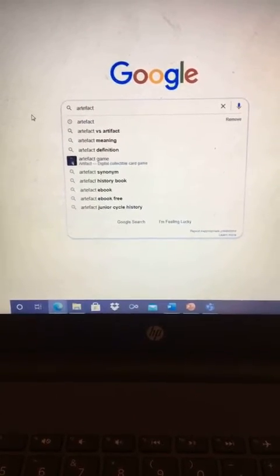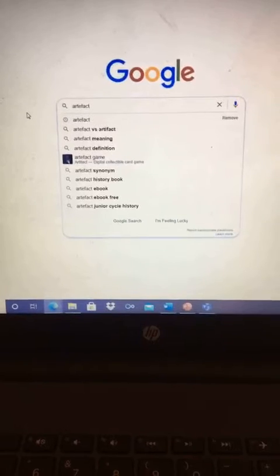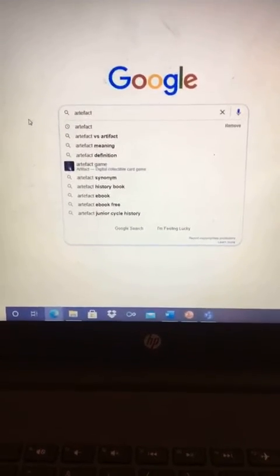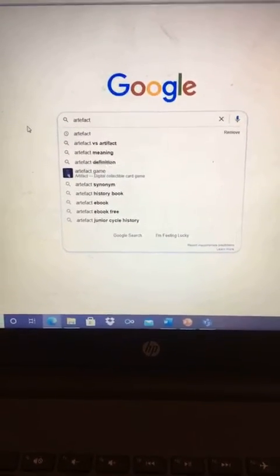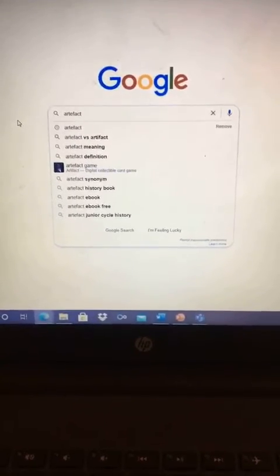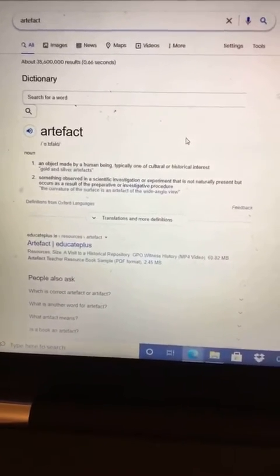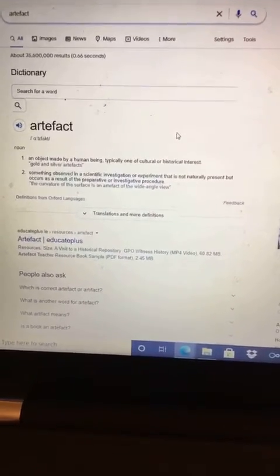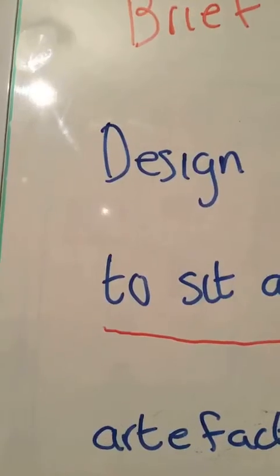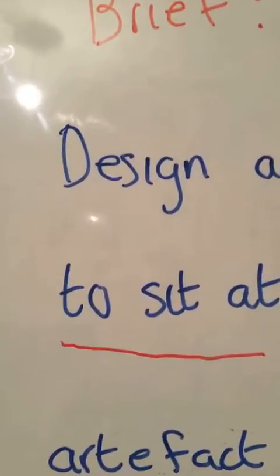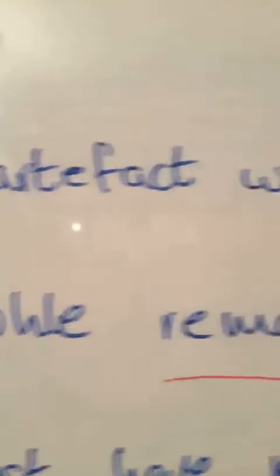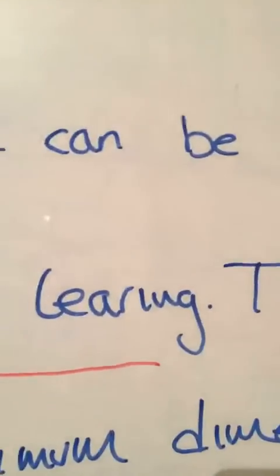The best way to find out a definition of our brief is to type it into Google. The first word, for some of you who may not know, artifact, is an object made by a human being, typically one of cultural or historical interest. The next part of the brief is to sit at while remote learning.